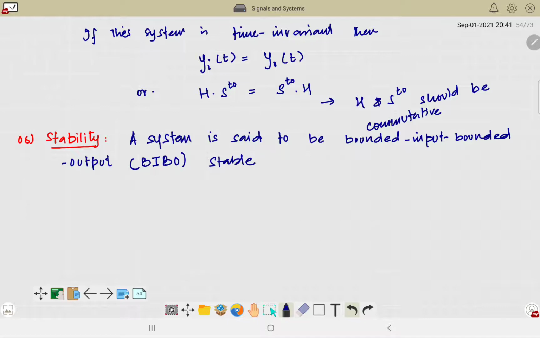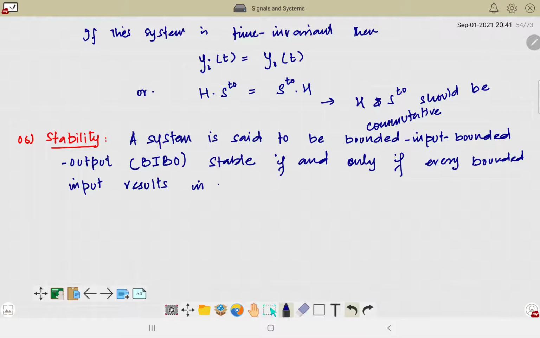A system is said to be BIBO stable if and only if every bounded input results in a bounded output. Fine. So you're given some finite input and you're getting a finite output.